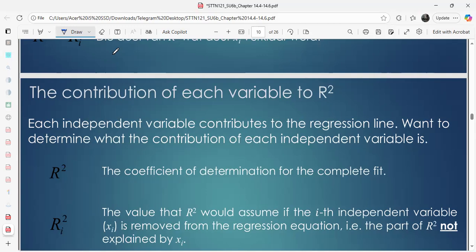Now we have another one, which is the contribution. Remember, in the question they will specify which variable contributes the most and the least.